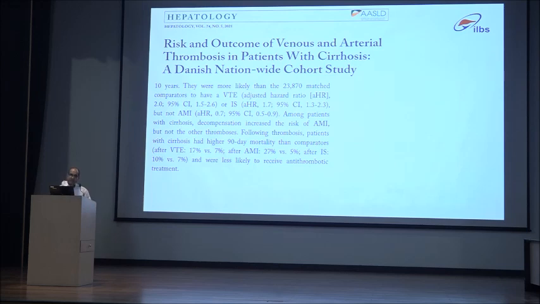Now the clinical application. This is a large cohort study of 6,000 cirrhotic patients compared to 24,000 matched comparators, and they showed that decompensation of cirrhosis increases the risk of acute myocardial infarction, whereas cirrhotic patients also have more episodes of veno-occlusive disease or thromboembolism.